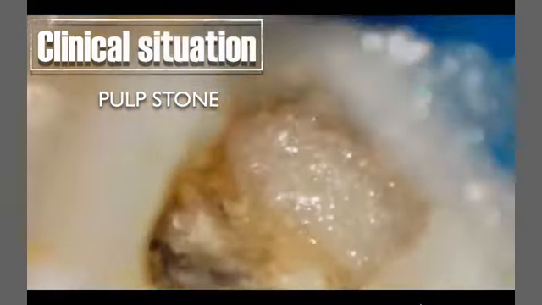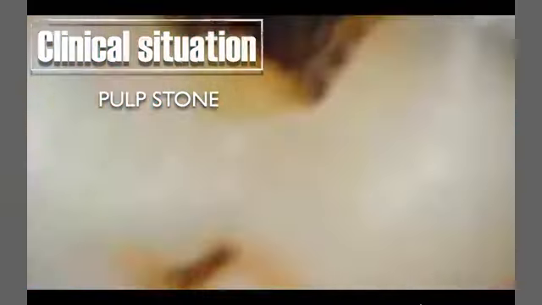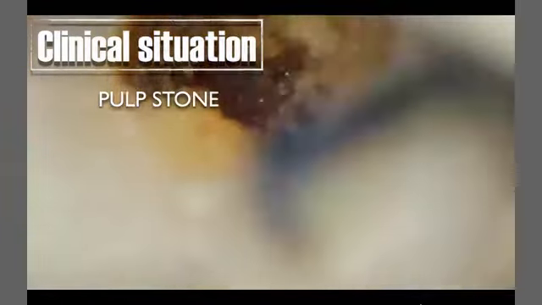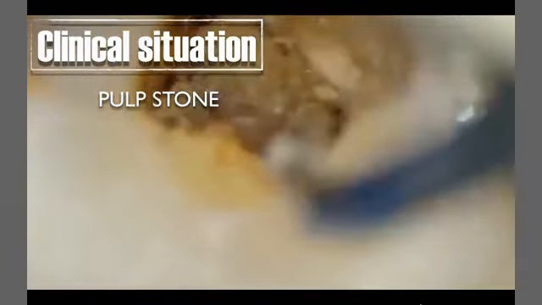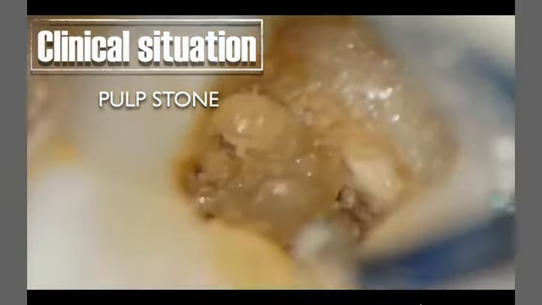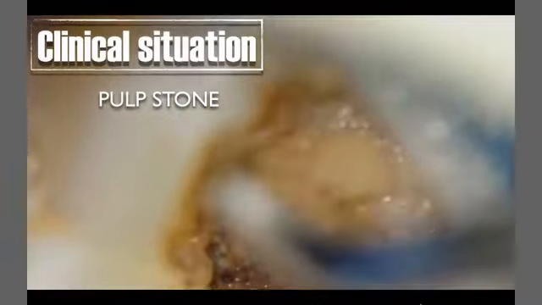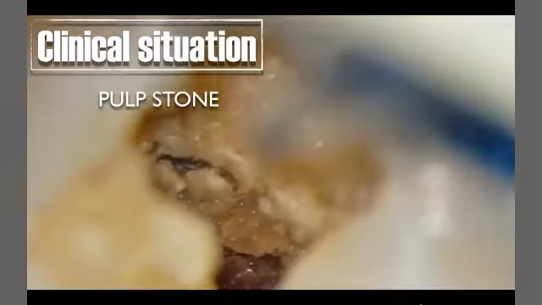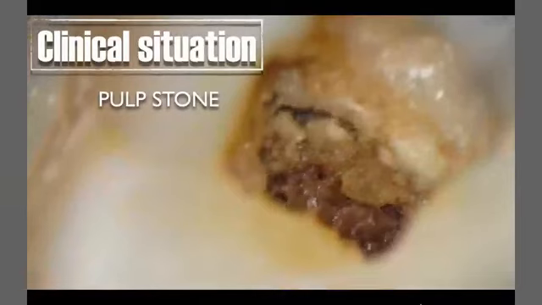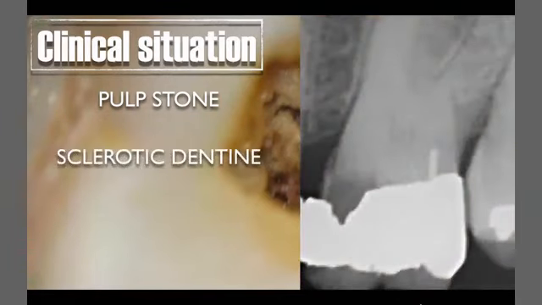We can divide the pulp stone into two pieces, remove the first one, and then try to remove the other one also with ultrasonics, as you can see here, or with some sharp endodontic probe. Whenever we remove the pulp stone, we regain the pulp space, and then we can negotiate our root canal and complete the cleaning and shaping process.